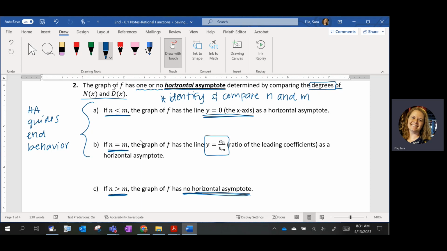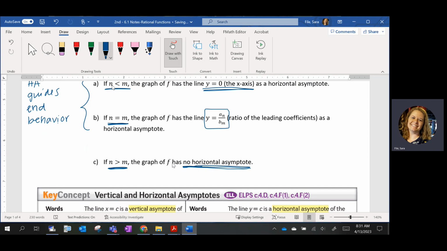The limit as x approaches infinity, y approaches whatever the asymptote is. The limit as x approaches negative infinity, y approaches whatever the asymptote is. Does that make sense? So the only case when that wouldn't be is when there's not a horizontal asymptote. Then how do I know about the end behavior?